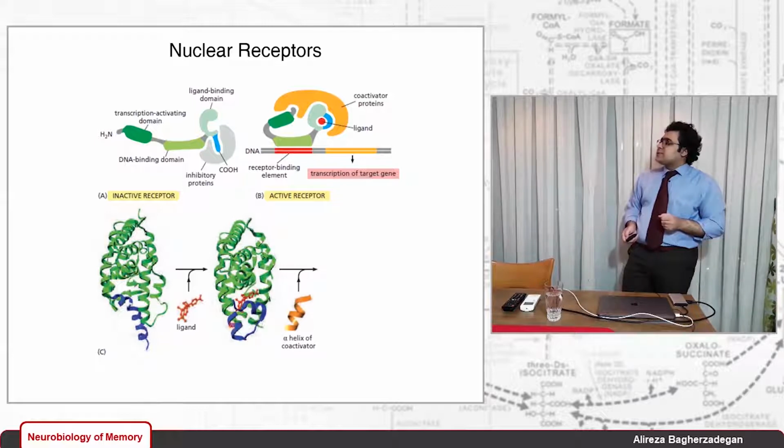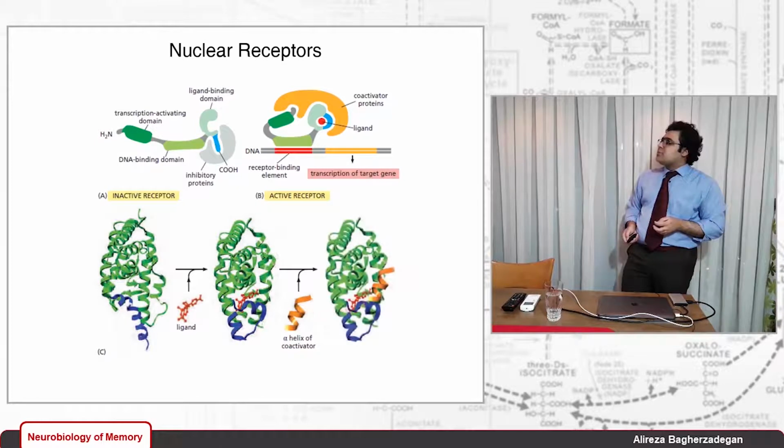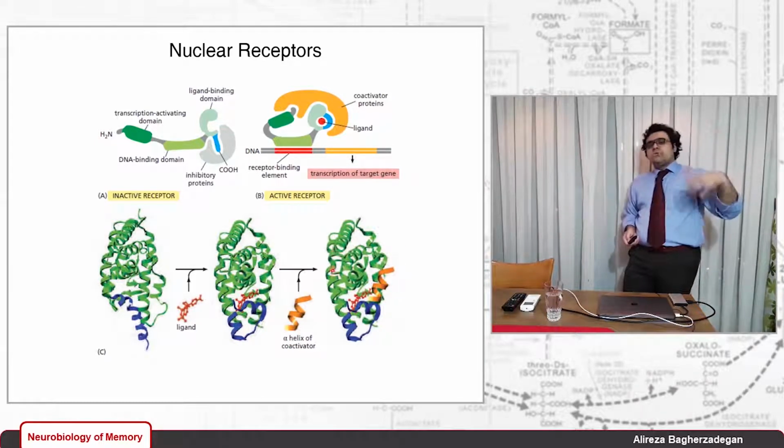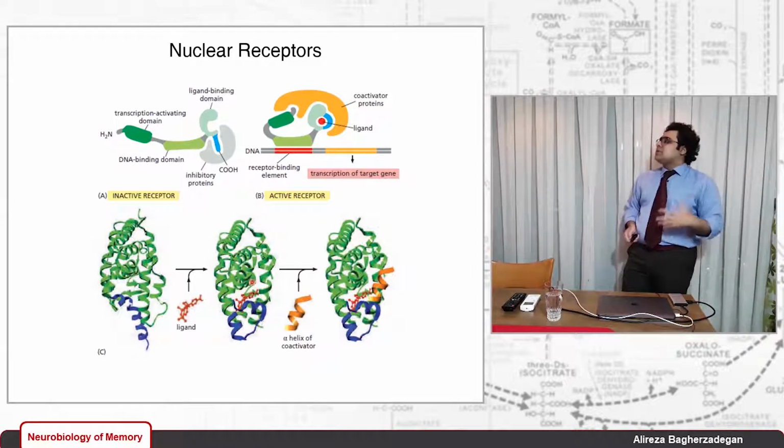And what happens next is that, as a result of the ligand binding, the alpha helix of a co-activator protein can then attach to this part of the receptor and, as I told you, recruit some transcription factors and activate the transcription of a gene. So this is a real example of what I explained here.